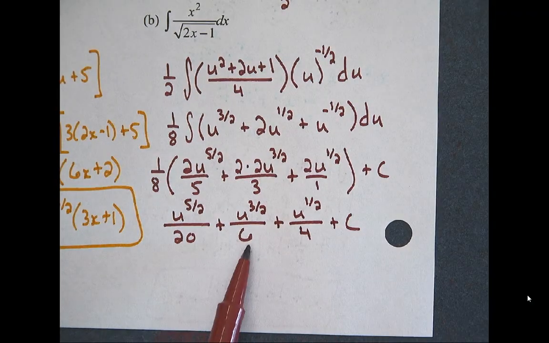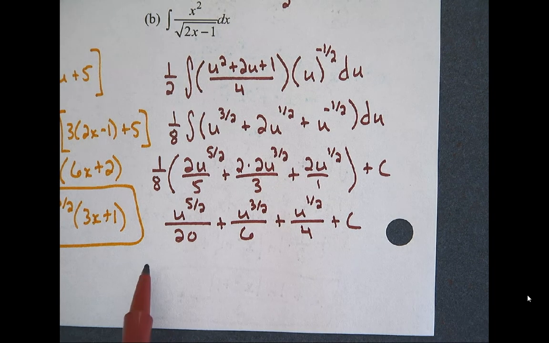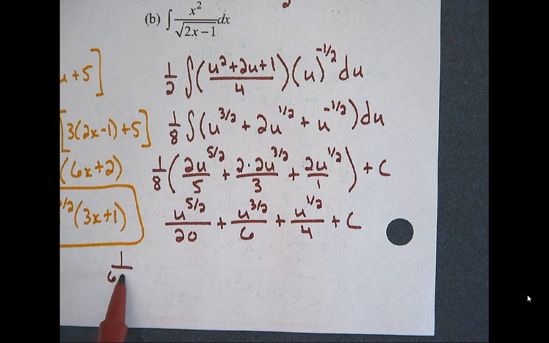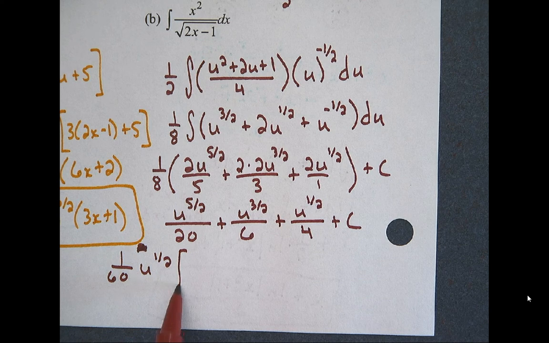So what is the least common multiple of all of these bad boys? 60? I think 60 is the best we can do. So 1 over 60 times u to the 1/2.